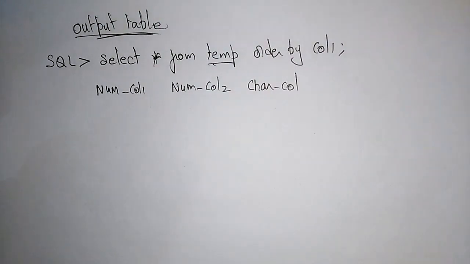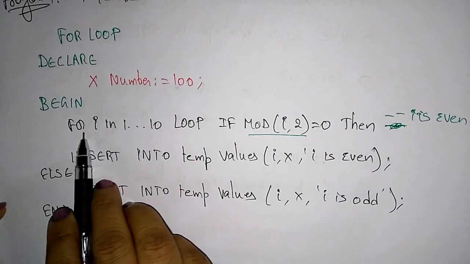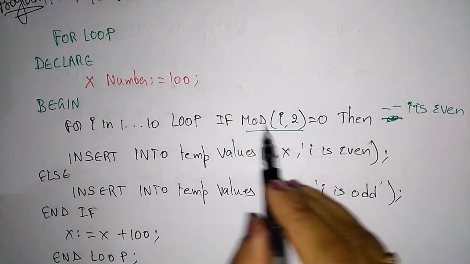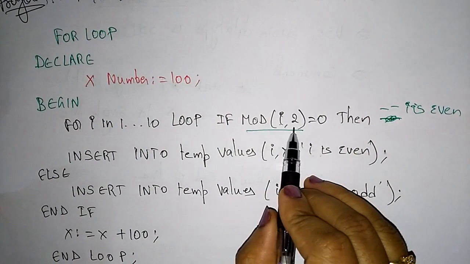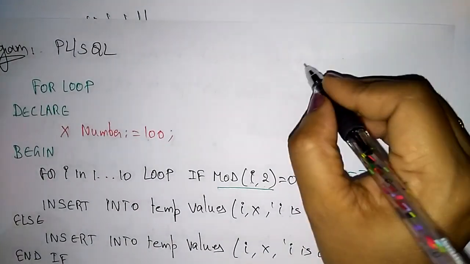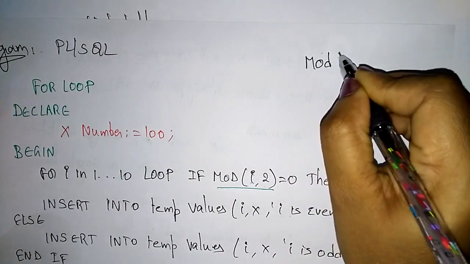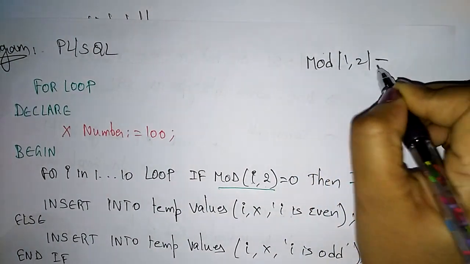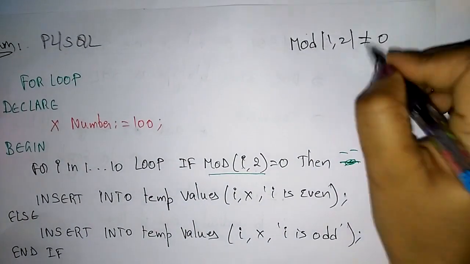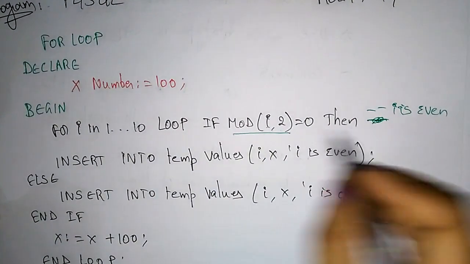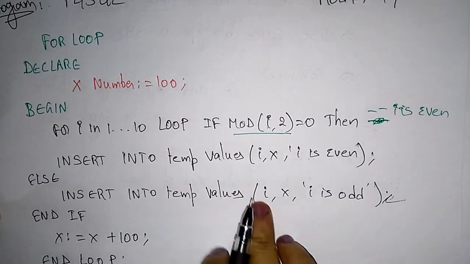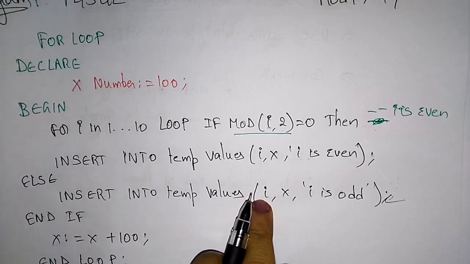First step, begin the program. For I is 1, is MOD(1, 2) equal to 0? No, it is an odd number. So the controller jumps to the else part and prints I as 1.